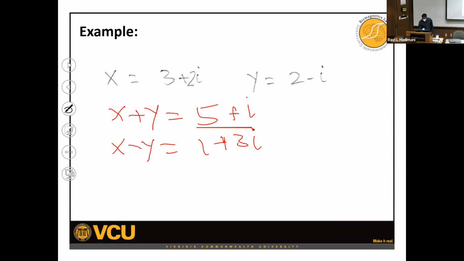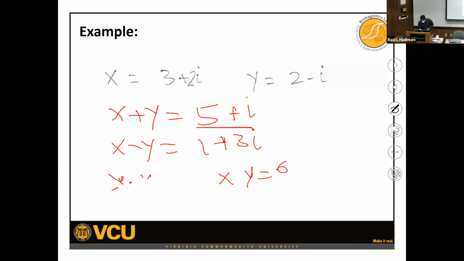And x into y, this side of the screen is not working properly, so I'll have to always work on the right hand side of the screen. x into y, this is again multiplication, just like you do normal multiplication.